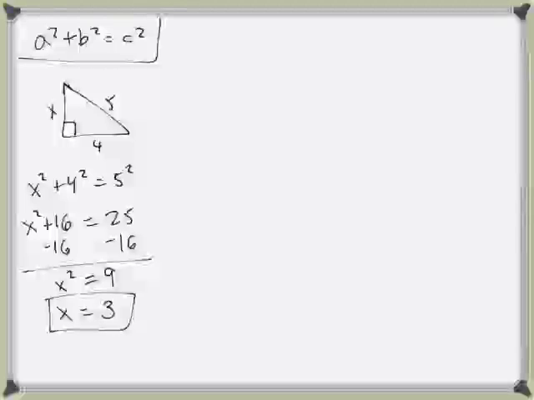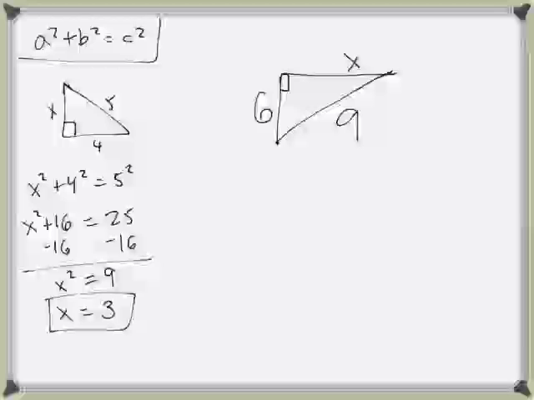Let's do another Pythagorean theorem example. The hypotenuse always needs to be C. Yes? So in this one, I'm going to do 6 squared plus x squared equals 9 squared.